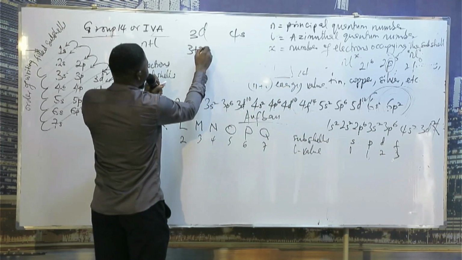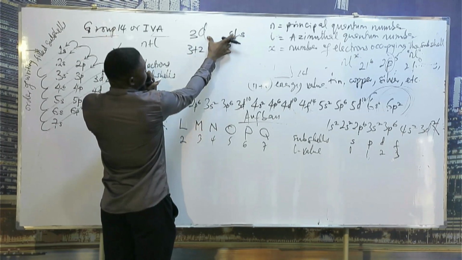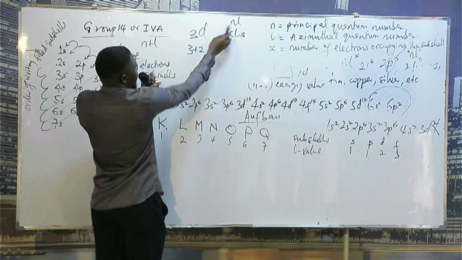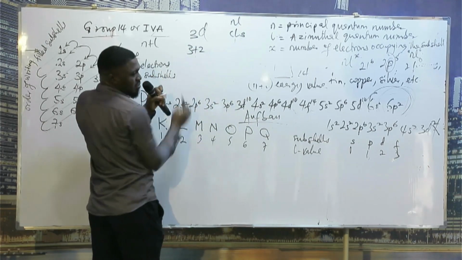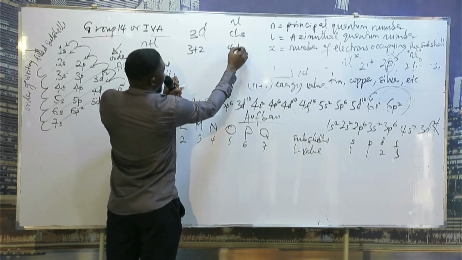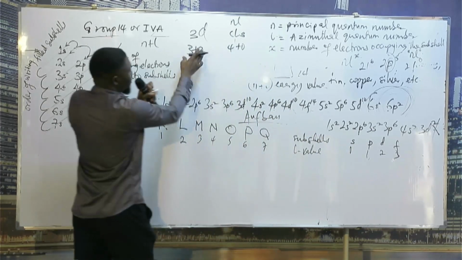So I add 2. Come here. What is n here? Remember, we are using this nl, right? So n is the first number, then l is the second one, which you represent with alphabet, right? Now, this is 4. What is s? s is 0. Now, find this.